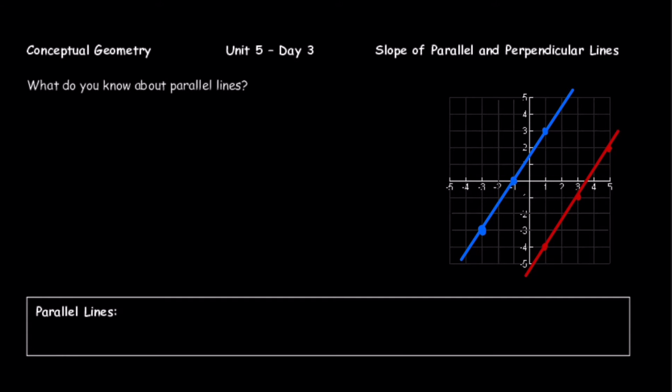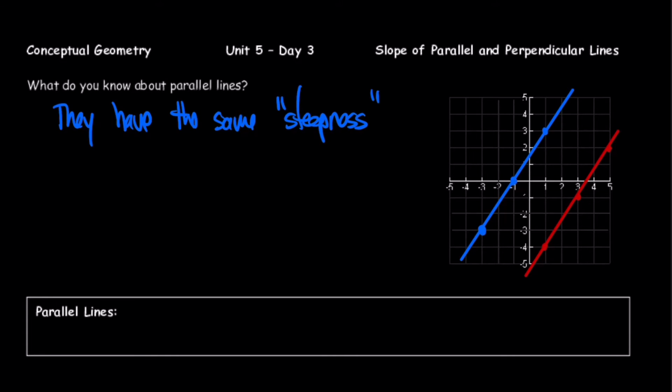So they have the same steepness. Now, obviously, steepness isn't really a math term. What does it mean to have the same steepness? Well, check this out. Going from this point to this point, I went up 3, right 2. And that was the pattern for this line, up 3, right 2.